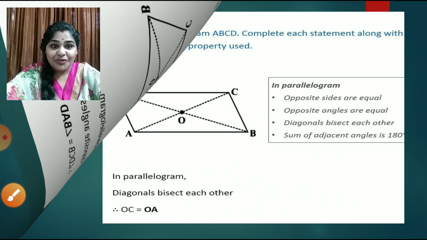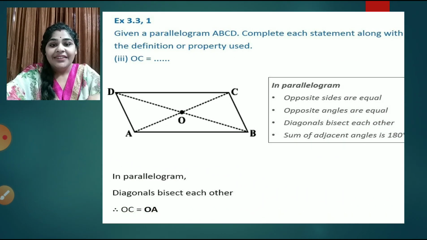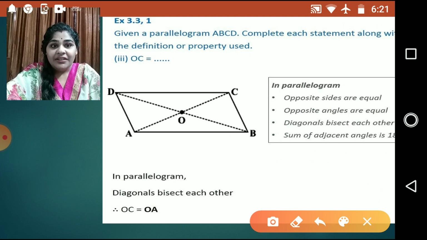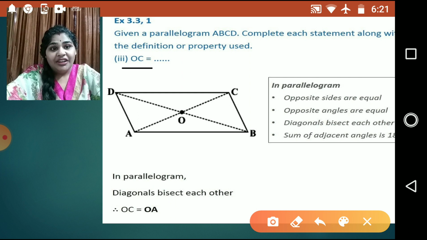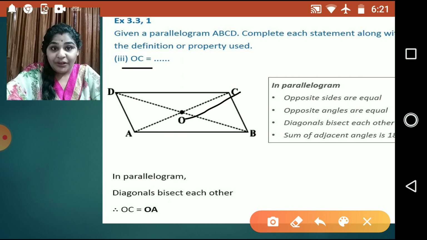Let us proceed to our third statement. Same figure, it is given side OC is equal to dash. Now where is OC? If you see here, segment OC. We have already seen that diagonals of a parallelogram bisect each other, right?